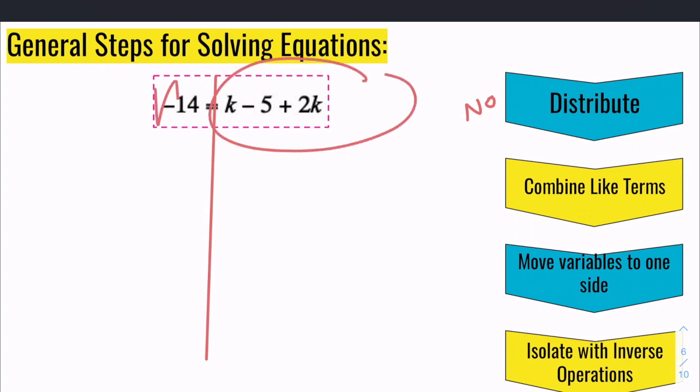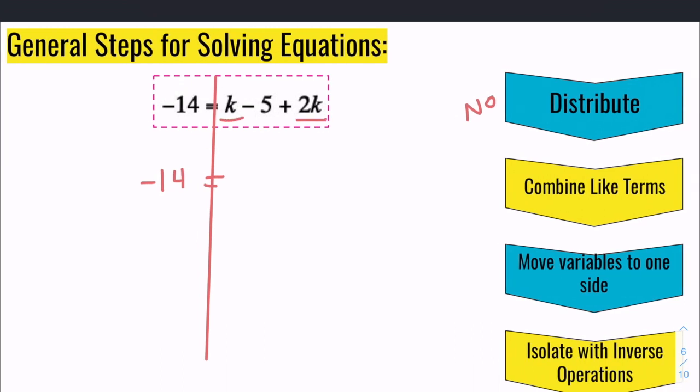Look at the right side. I have k minus 5 plus 2k. All right, so you have a couple options with this. I'm going to go ahead and rewrite this so that my like terms are together. So I have k and 2k.